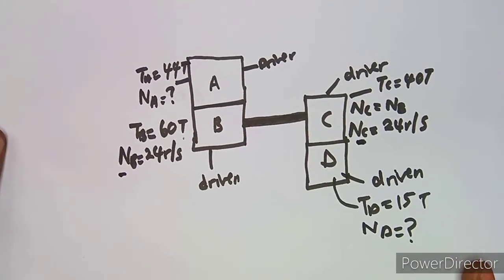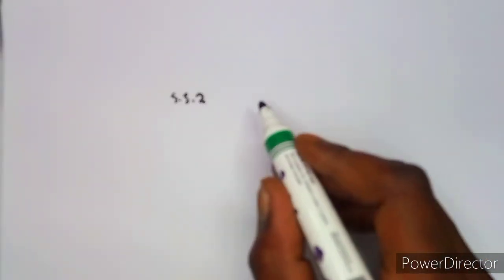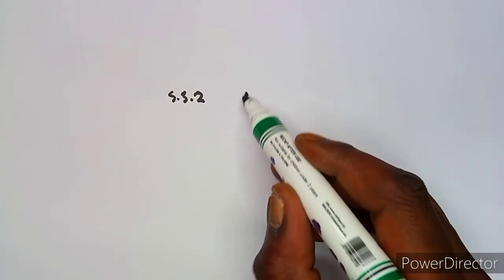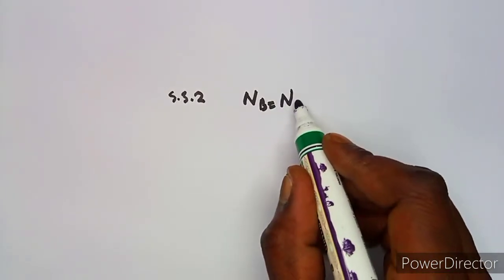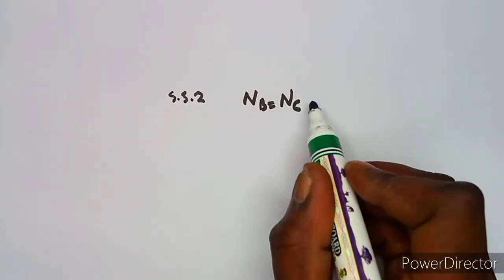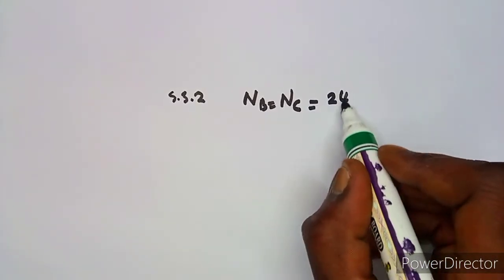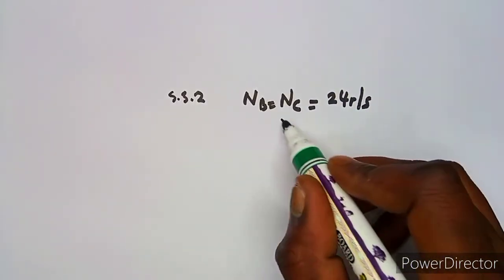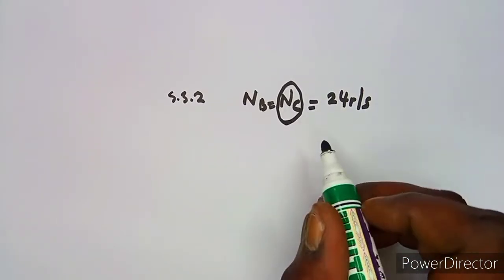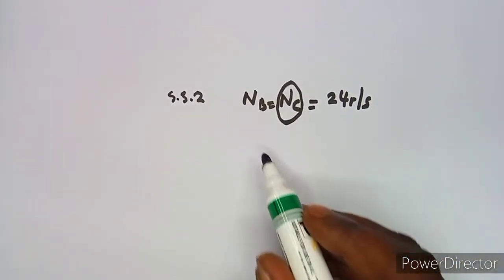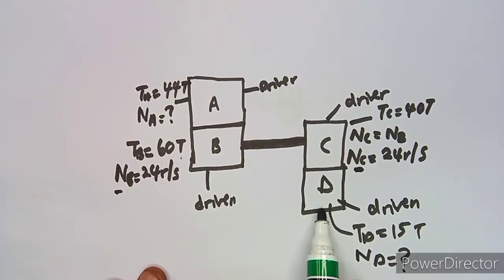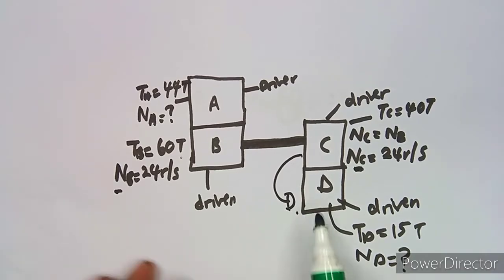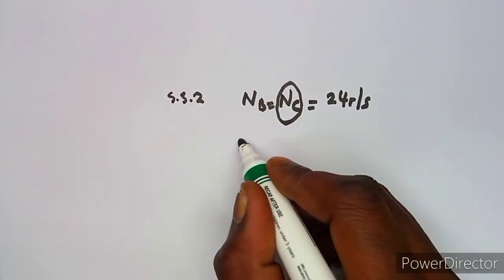So what I'm simply saying is that these two are equal. It's a continuation, where NB is equal to NC. That is the rotational frequency, which is equal to 24 revs per second, like what we wrote. So if I have this NC, how can I find ND? I now know that since C is driving, because C is the driver and D is driven, we have to use the same relationship again.